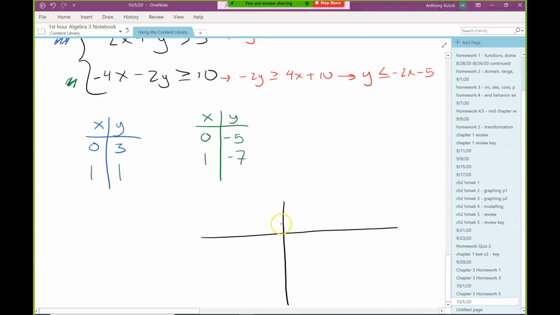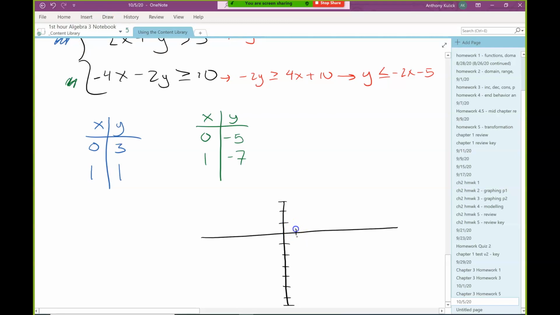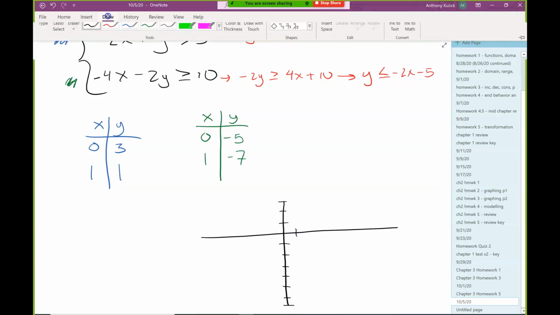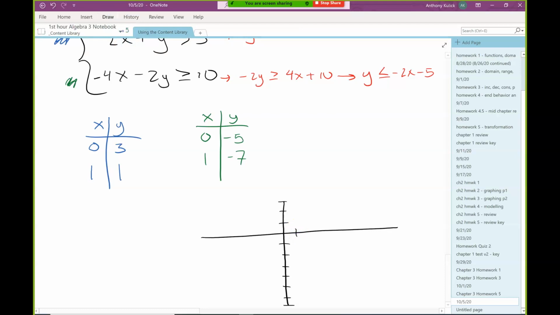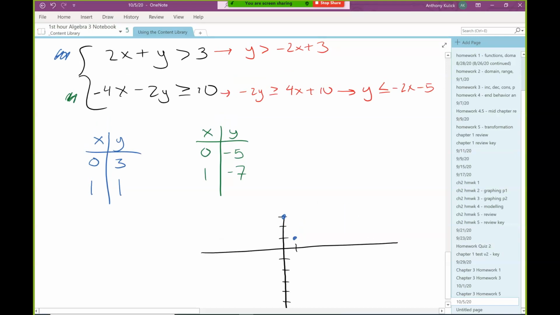Let's see, 1, 2, 3, 1, 2, 3, 4, 5, 6, 7. Oops. I need a tick mark on the x-axis here, huh? Okay, so 0, 3, and 1, 1. Should that be solid or dashed?